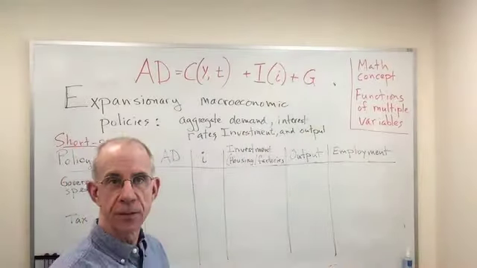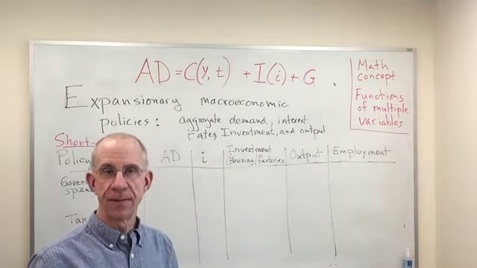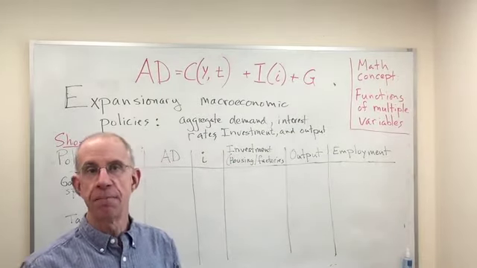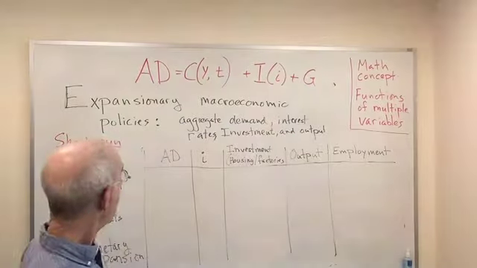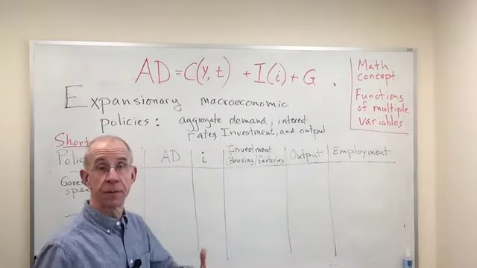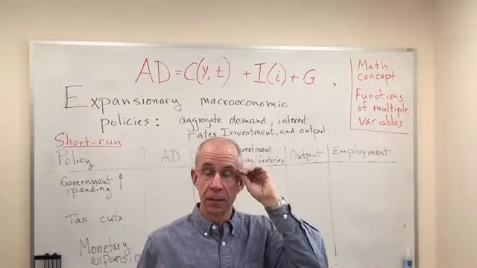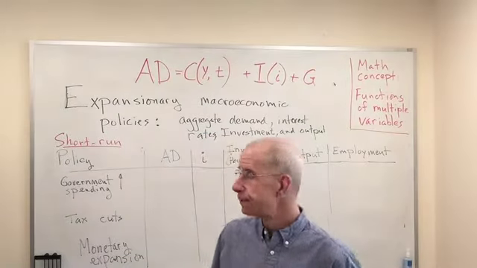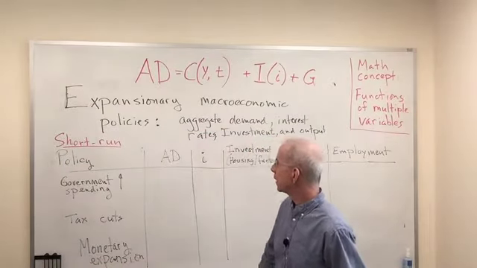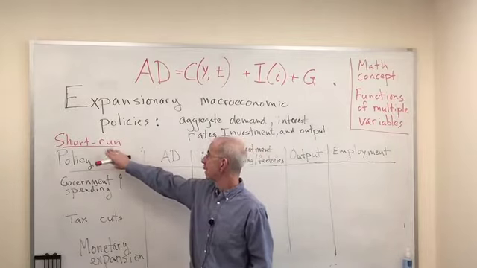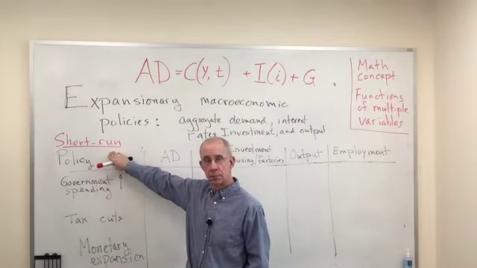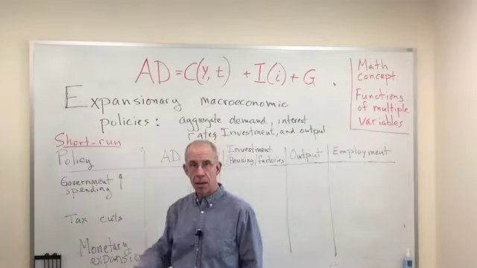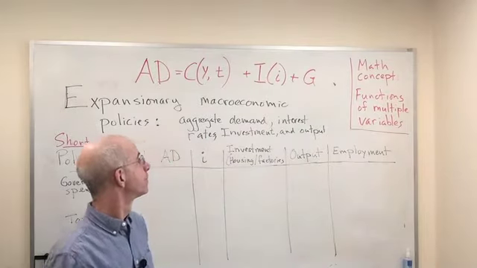In this video, I'd like to summarize some of the effects of expansionary macroeconomic policy on various important variables in the economy. We're going to be looking at the impact in the short run, a Keynesian model, if you will.